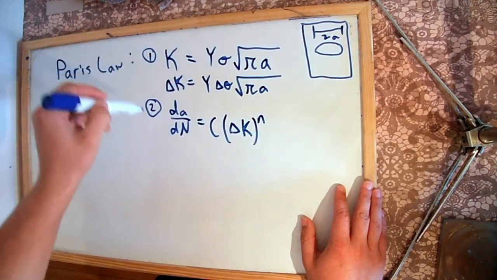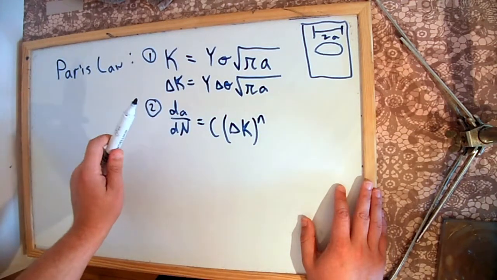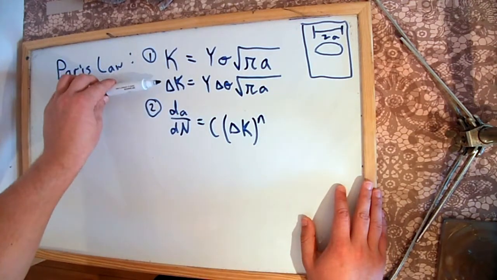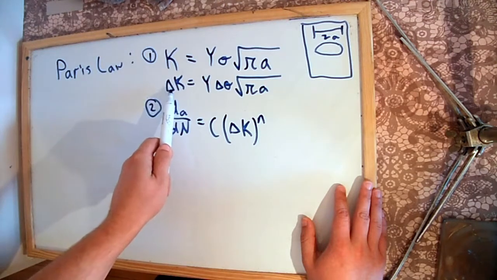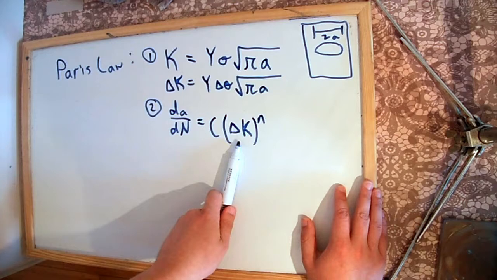So these are our two equations that we start off with to derive this, and for the next step, we're going to put the delta K in here.